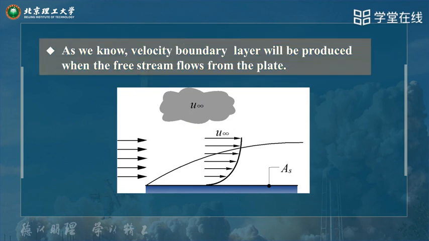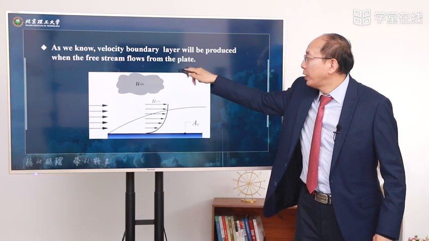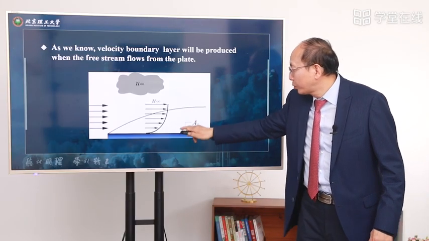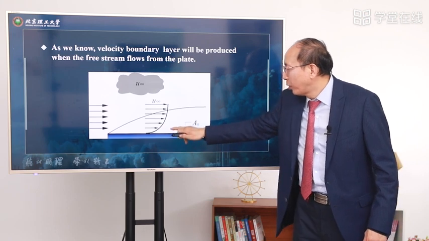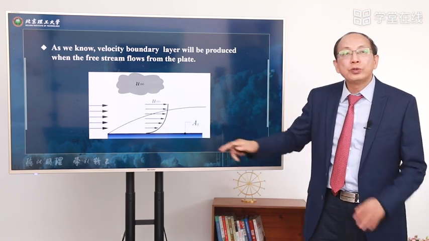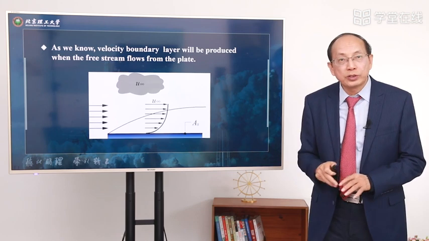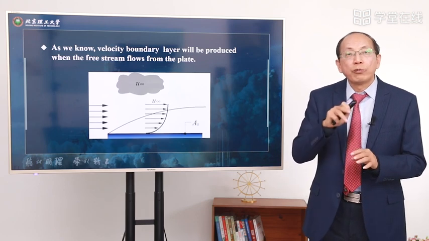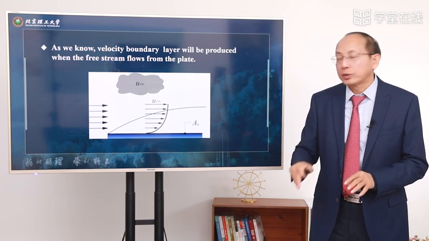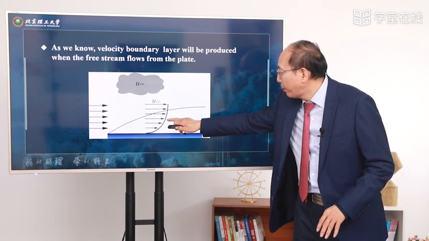The velocity boundary layer is produced when the free stream flows over the plate. Very close to the plate, the friction cannot be ignored, so the velocity becomes small, and farther away it becomes bigger.